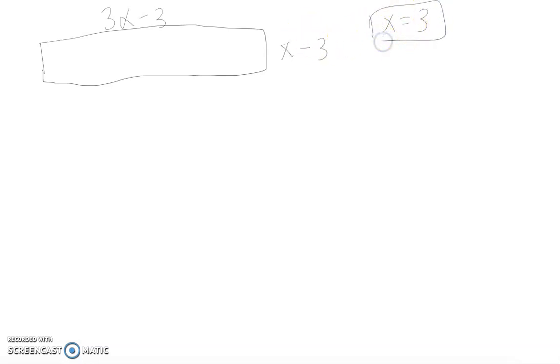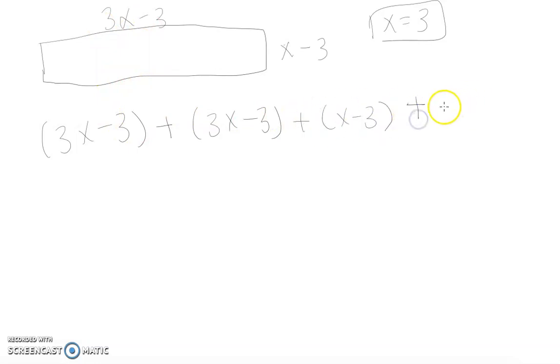right here. So what we're going to do now is she wants to know perimeter. It's not area, it's perimeter. So we're just going to add 3x minus 3 plus 3x minus 3, because remember there's 2 of them, one here, one here, and then we're going to add x minus 3 and also x minus 3, because it's also here and here.